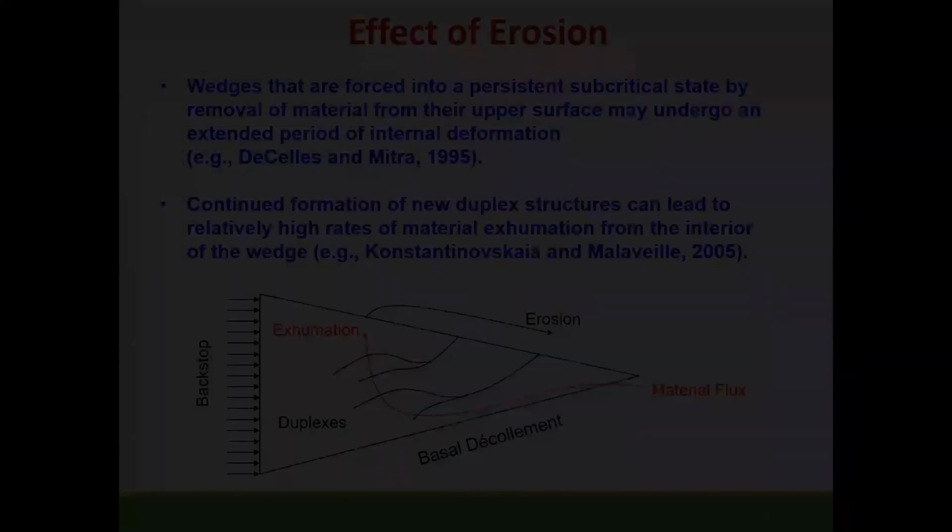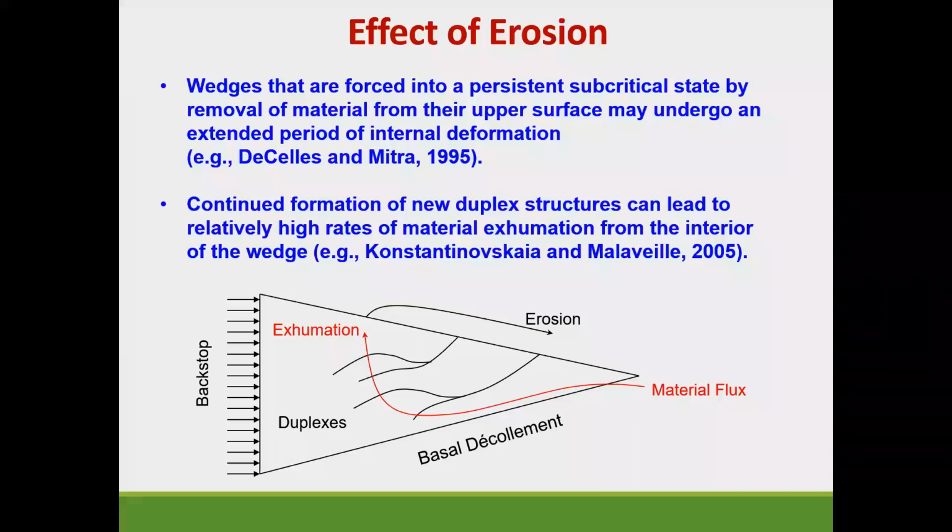Now, what does erosion do? Erosion, like I pointed out, removes the material. To mass balance that, there is a material flux here. When that happens, material that is already in the wedge gets uplifted very quickly. One of the ways that you can do that is by forming what is called a duplex.